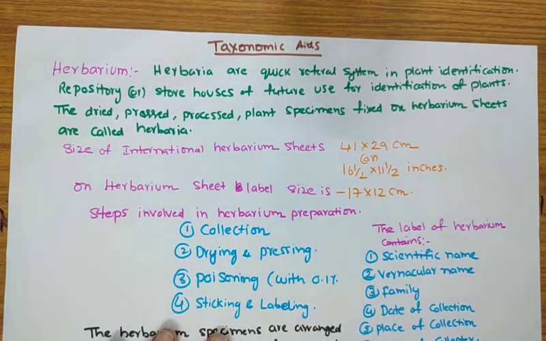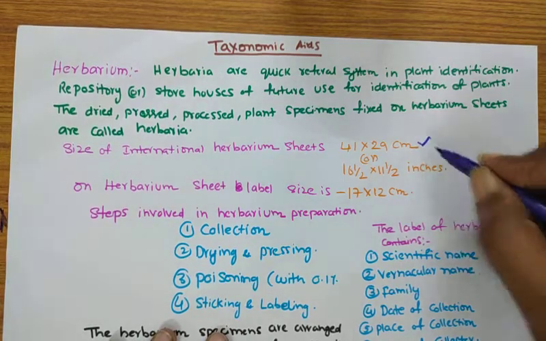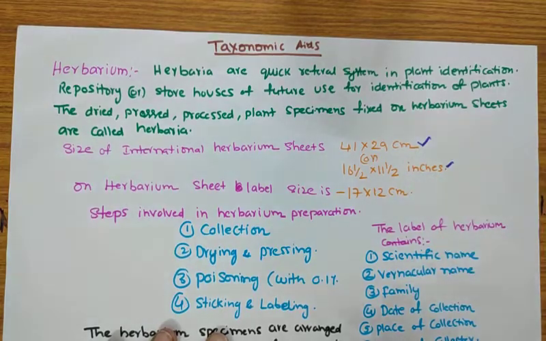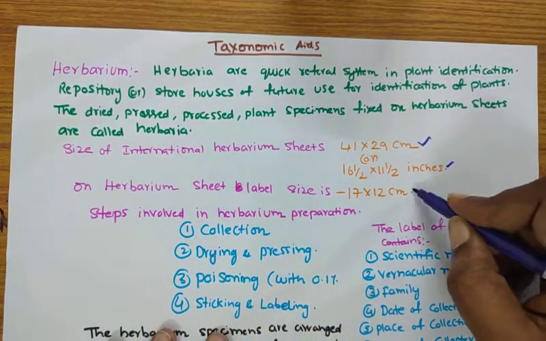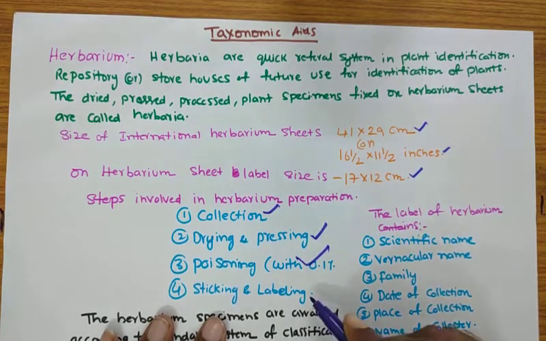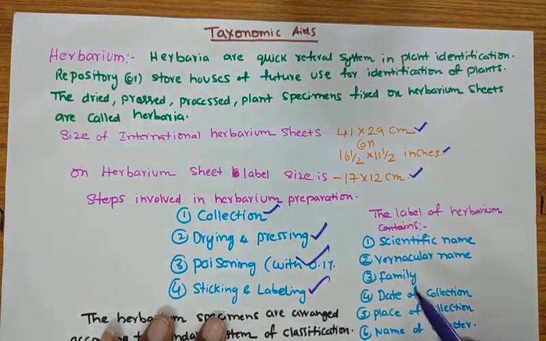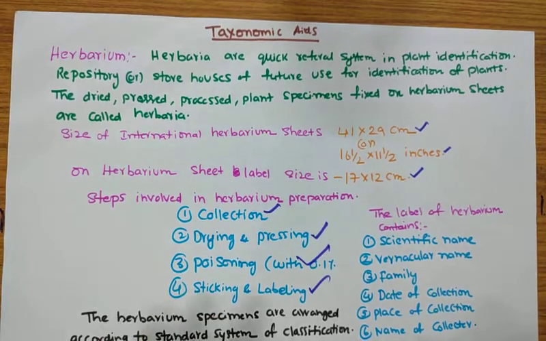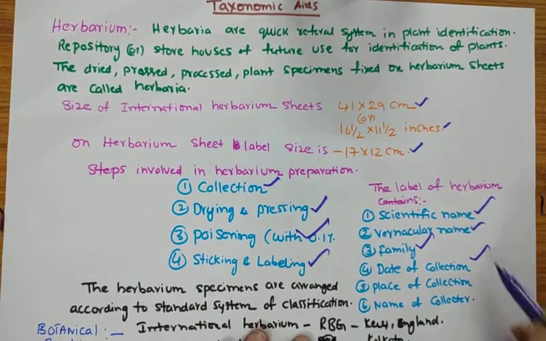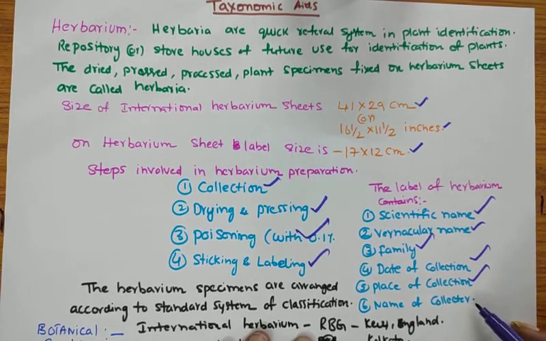The size of the international herbarium sheet, you observe, is 41 by 29 centimeters, or 16.5 by 11.5 inches. On the herbarium sheet, the labeling size is about 17 by 12 centimeters. Steps involved in herbarium preparation: collection, drying and pressing, poisoning, and finally sticking and labeling. The label has the scientific name, vernacular name, family of the plant, date of collection, place of collection, and name of the collector.